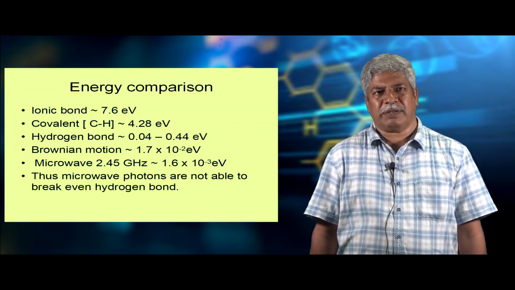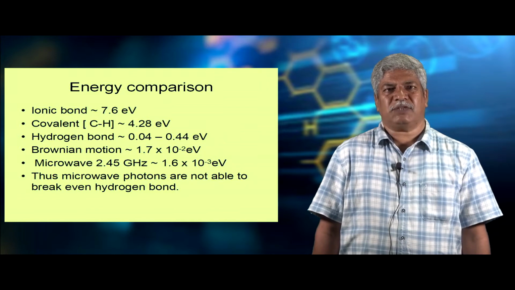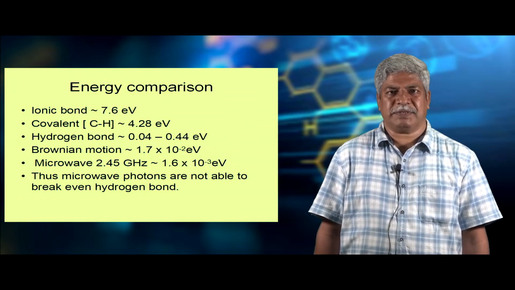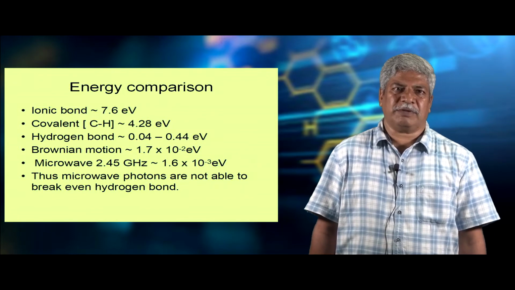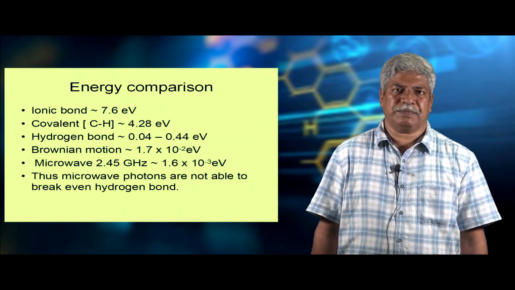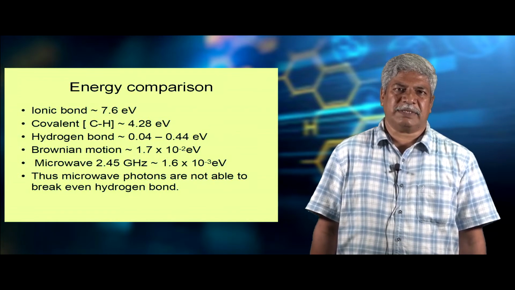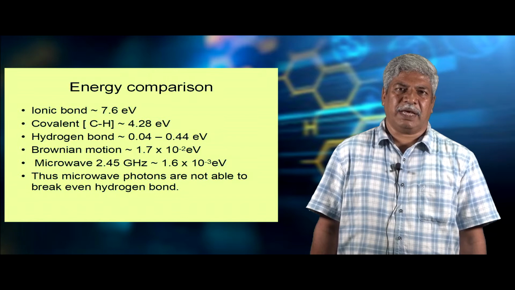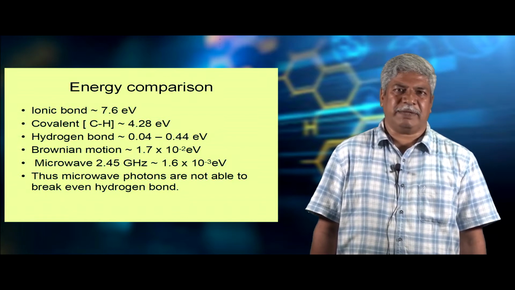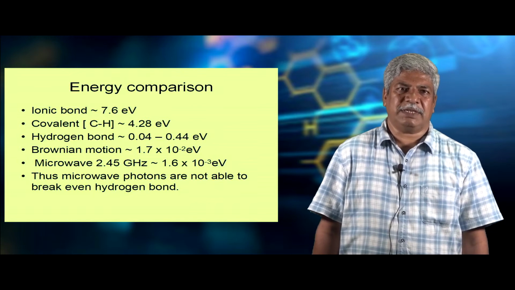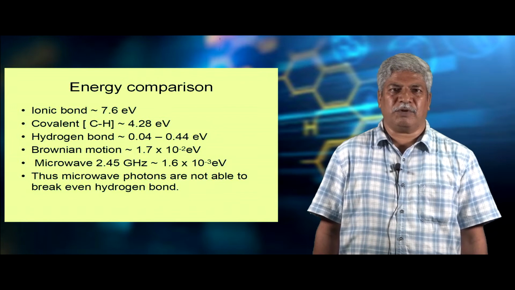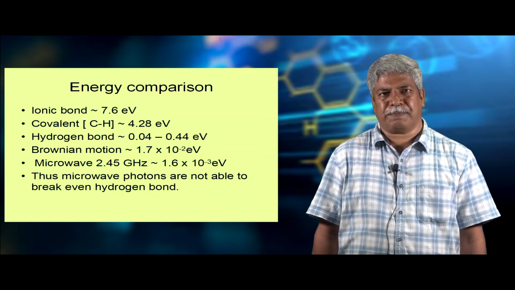The other type of bond, the covalent bond, is formed due to the mutual sharing of electrons by two participating atoms, and the energy is approximately equal to 4.28 electron volts. The third type, the hydrogen bond, is one wherein a hydrogen atom is placed in between two electronegative atoms, and the energy is approximately 0.04 to 0.44 electron volts.